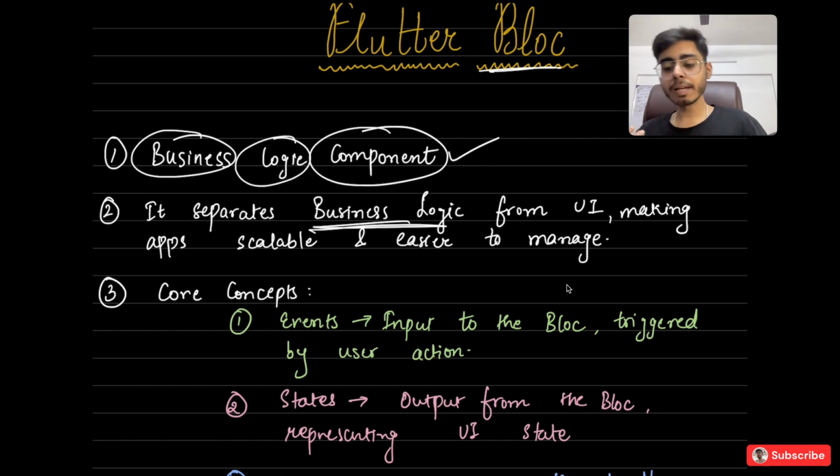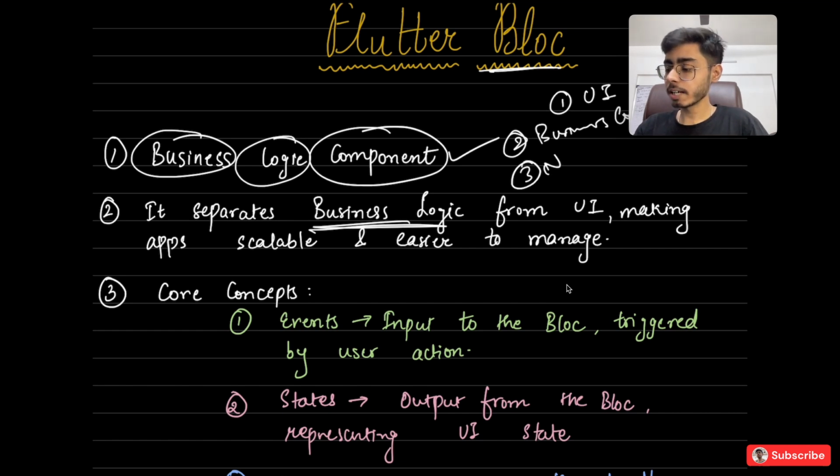There are mainly three main components in any application, right? First one is your UI component, that is how your app looks. Second is your business component, where all your logic is written. The main business logic, the brain of your application or every feature, right?